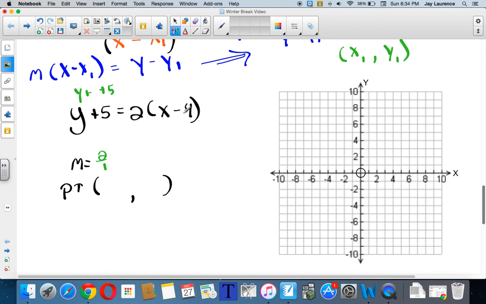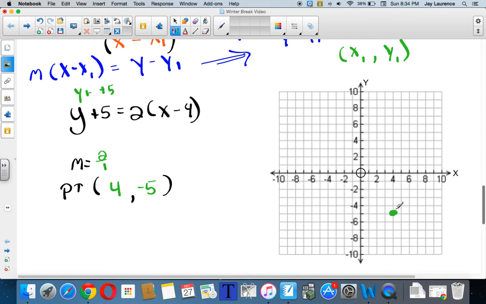Okay, now my x-coordinate isn't -4. My x-coordinate is +4. My y-coordinate isn't +5. It's -5. I can use this information to graph my line. I could plot the point 4, -5, which would be right here.